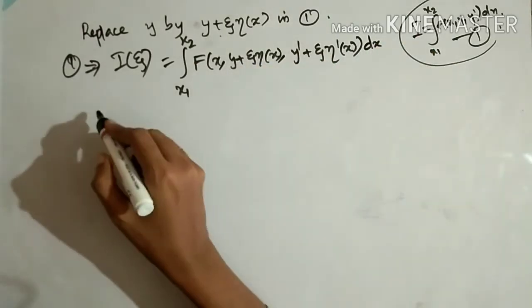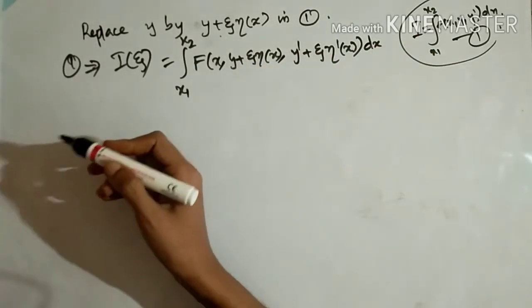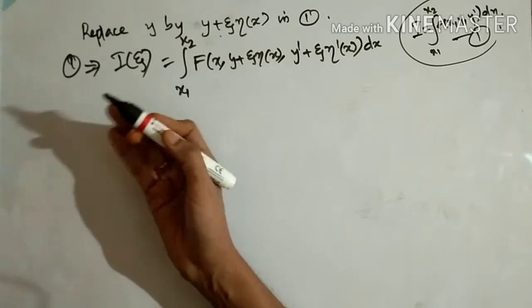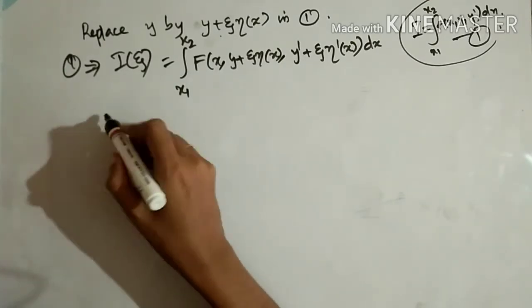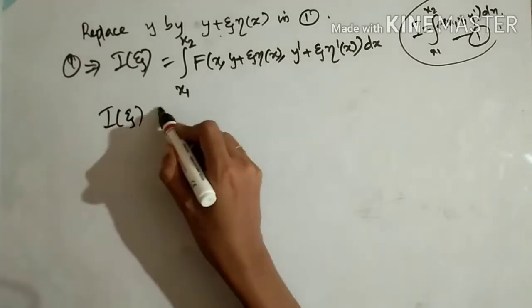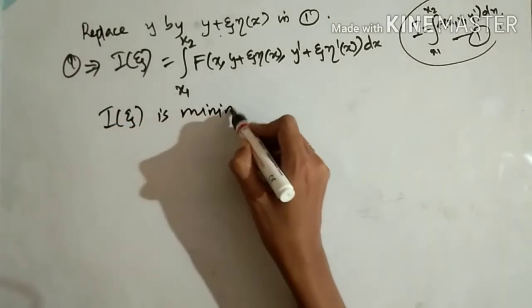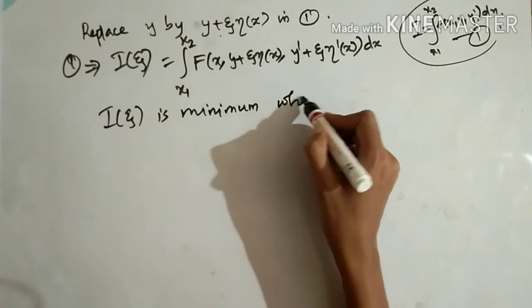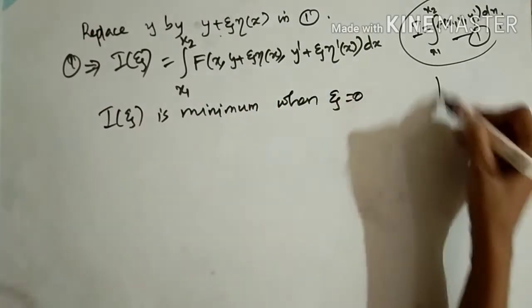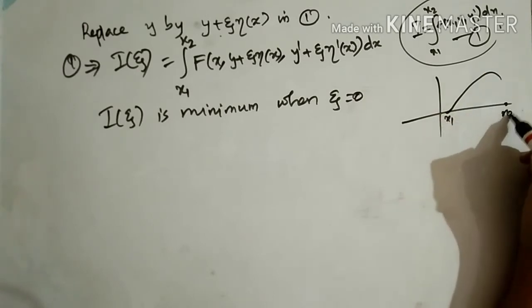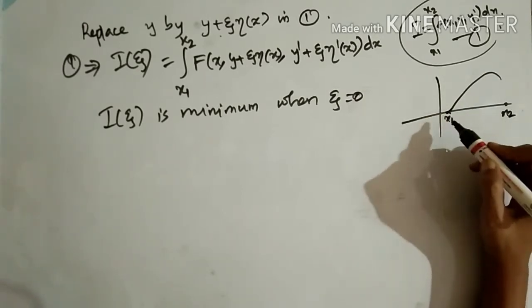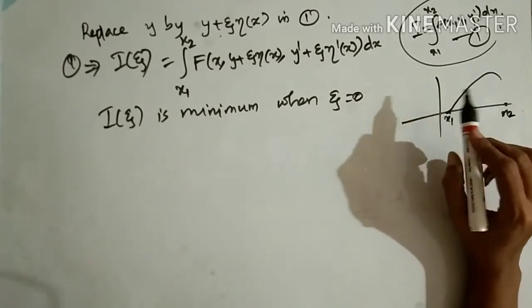In the question itself, the integral takes a maximum or minimum. In the beginning we assumed I is minimum, so I(psi) is minimum when psi is equal to 0. At that point the integral is minimum.